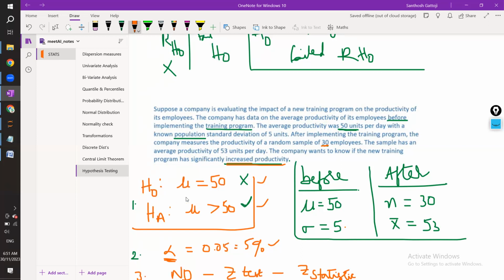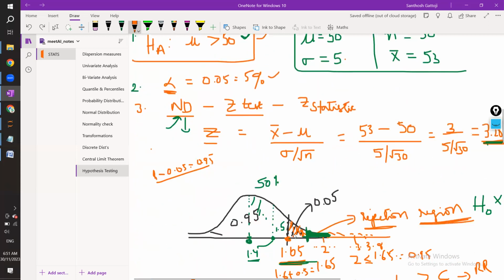I don't want to test for the less than, because I am only concerned about whether productivity increased or not. So that's why I considered only the mu greater than 50 test, and this is called a one-tailed test. That means only one tail we are considering.